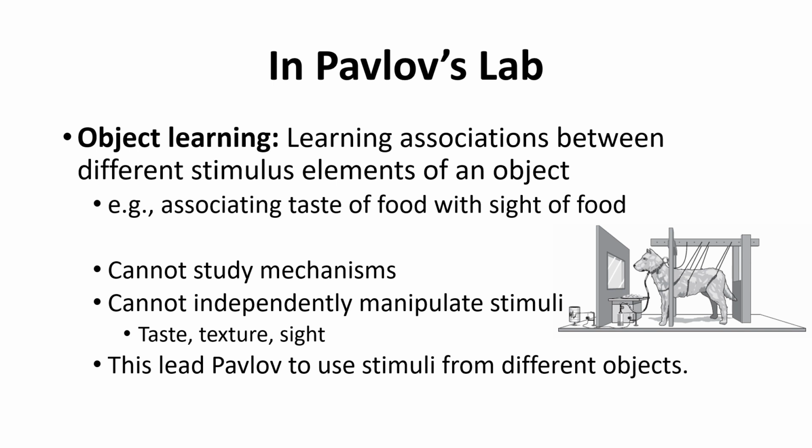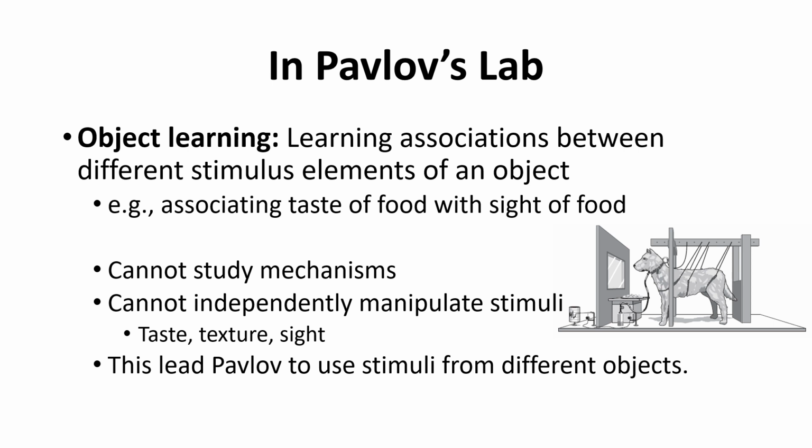And this inability to dissociate those different properties is what led Pavlov to use different stimuli from different objects in the training. That's where we get the idea of using a tone or a bell or some kind of light cue as the other stimulus, as opposed to just relying on the visual appearance of the thing that you would then eat later.